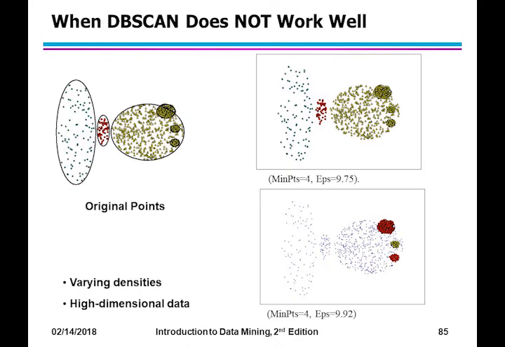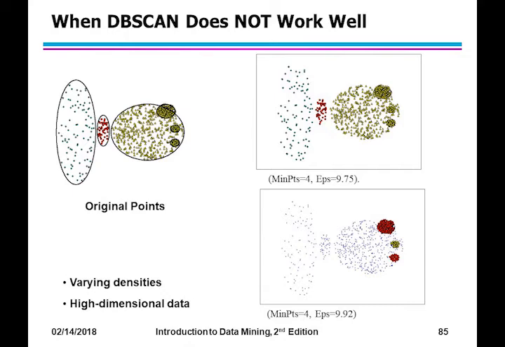다음은 DB 스캔이 잘 동작하지 않는 경우입니다. 왼쪽에는 오리지널 포인트가 있고 오른쪽에는 두 가지 사례가 있는데 첫 번째는 민 포인트가 4, EPS가 9.75이고 두 번째 사례는 민 포인트가 4, EPS가 9.92입니다.